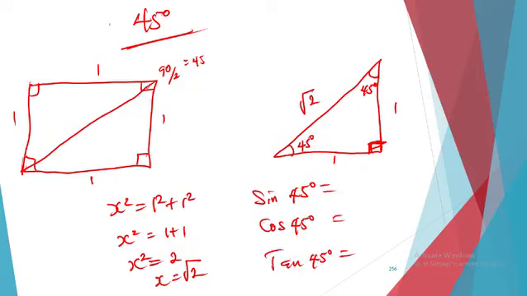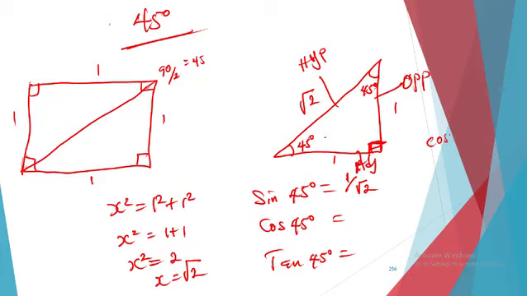This is our hypotenuse, the line facing angle 90. Considering this angle, this is our opposite. Even if you consider this one, your opposite is still 1, so this is our adjacent. Now sine is what? Opposite over hypotenuse, and our opposite is 1. Hypotenuse is what? Root 2. And then we have our cos 45, and cos theta is what?